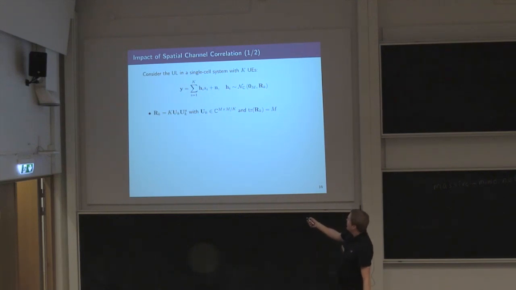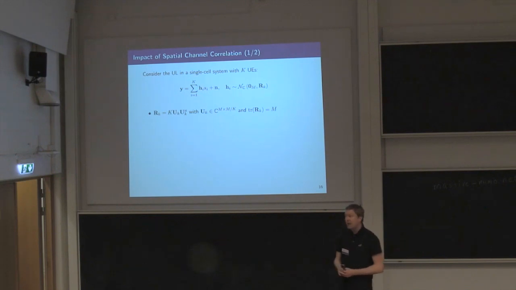And within that eigenspace, I have an identity matrix here in the middle with my eigenvalues. So I have two values: a constant eigenvalue and a 0 eigenvalue. And in order to make sure that the trace is always the same, for example equal to M, I need to scale with K. So these eigenvalues that are non-zero are K, the other ones are 0.